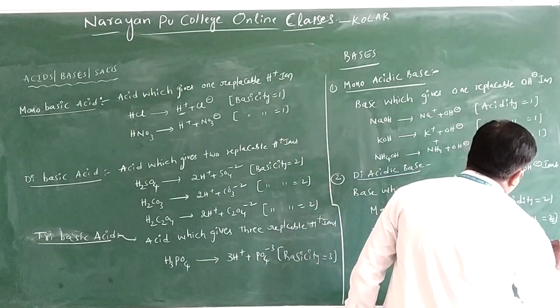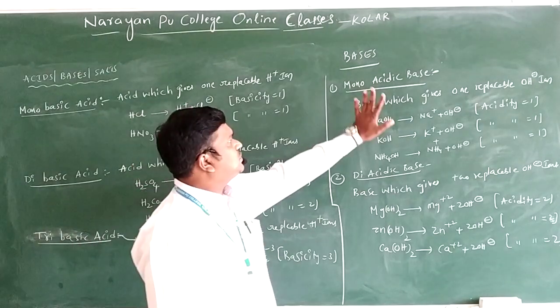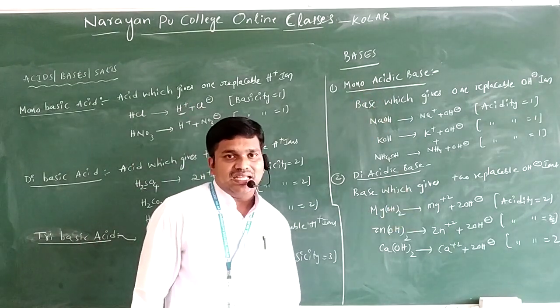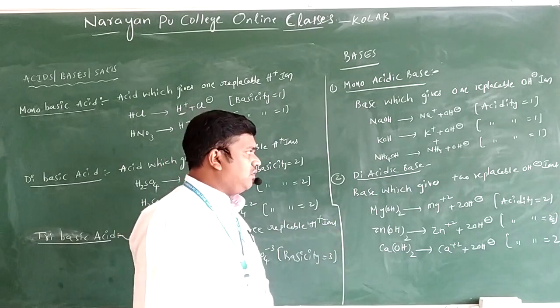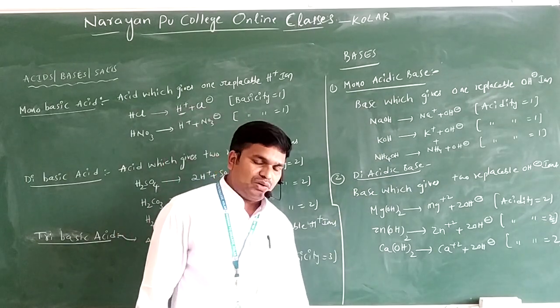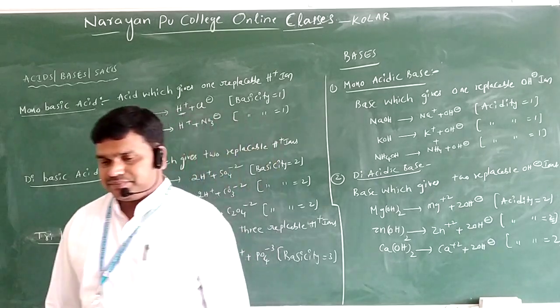Here also the acidity is 2 only. So this comes under diacidic bases. The first one is monoacidic bases, the second is diacidic base, and one more is there, that is triacidic base.